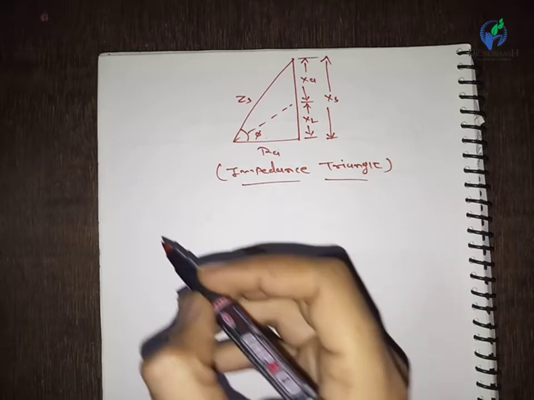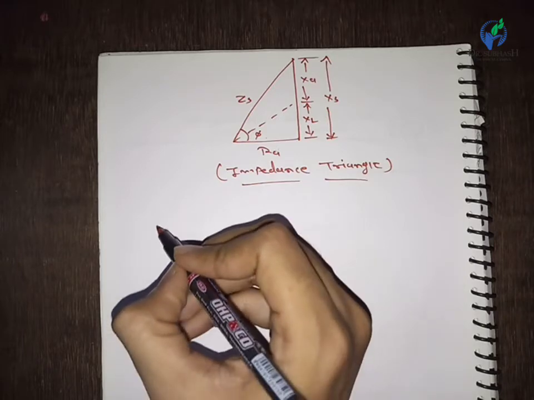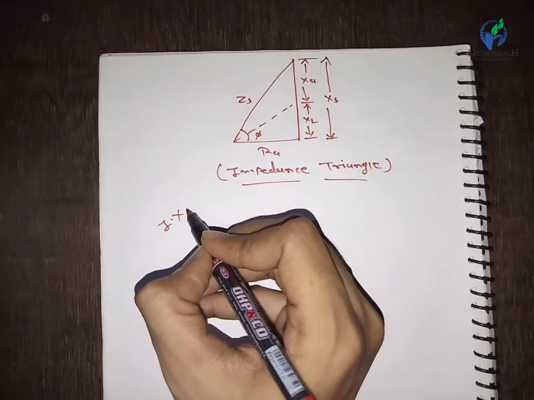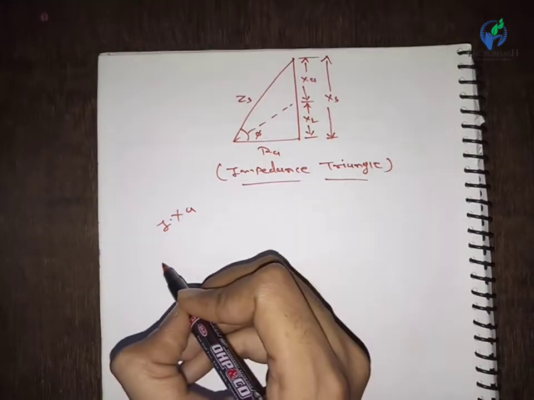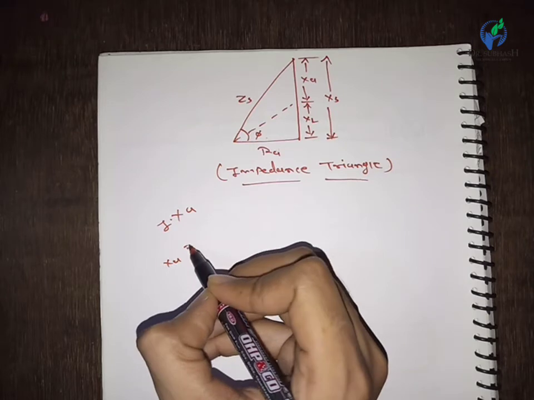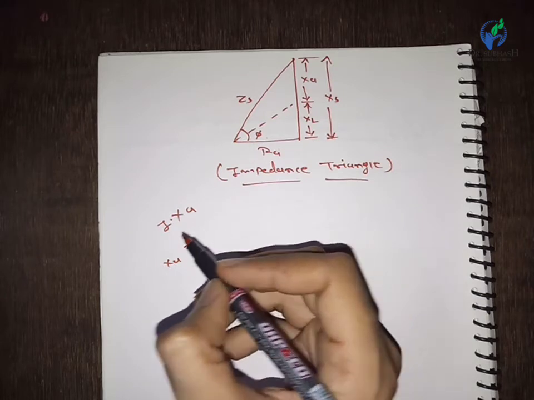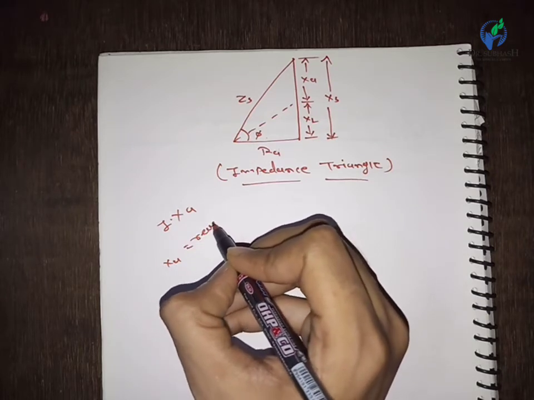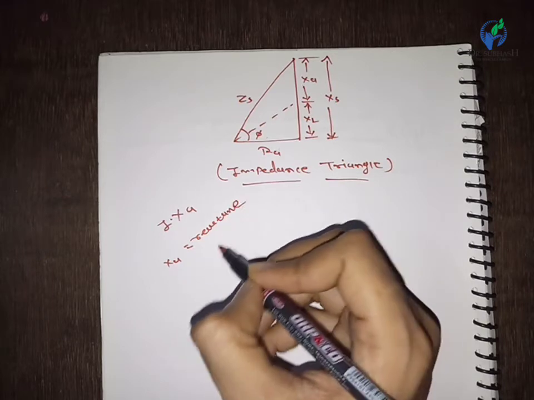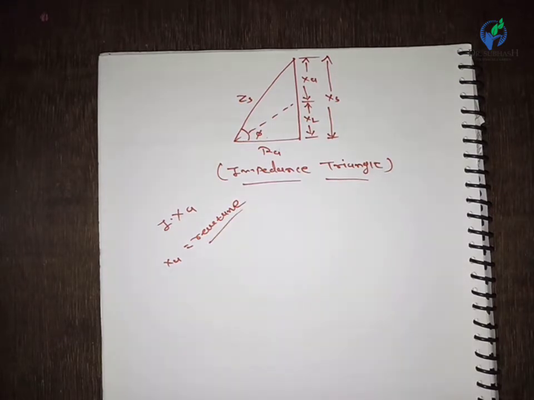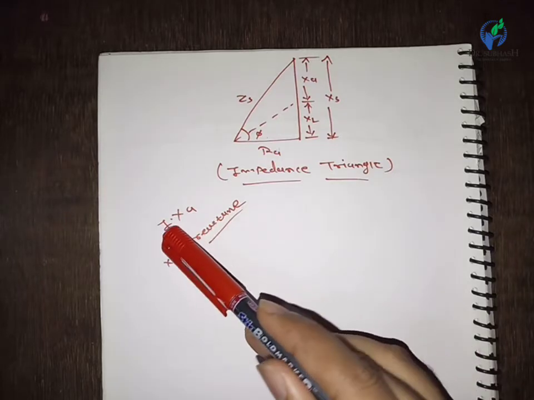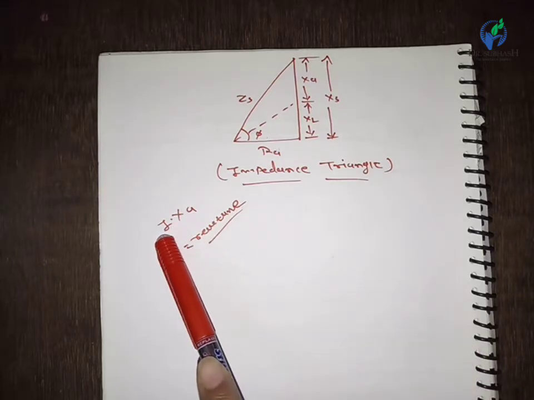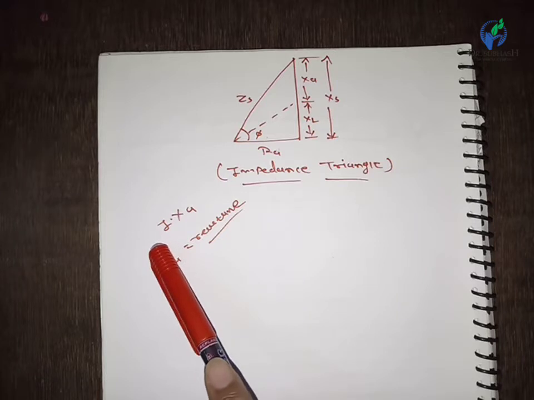The voltage drop is represented as I into XA, where XA is the reactance which, when multiplied by I, gives the voltage drop due to the armature reaction.